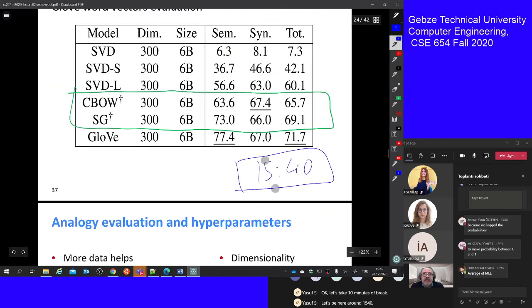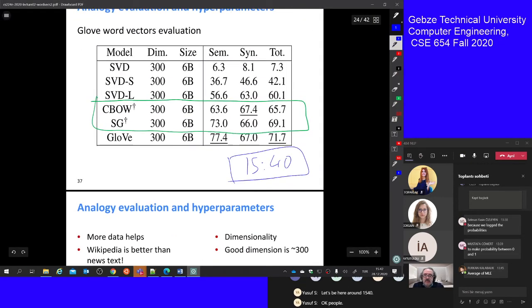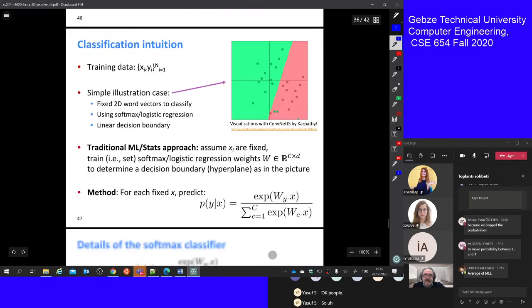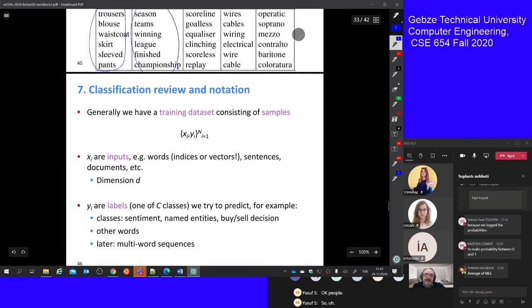Okay, people. So let's try to use, what did we say before? We are not trying to find the vectors of words just because we like to find the vectors of words.